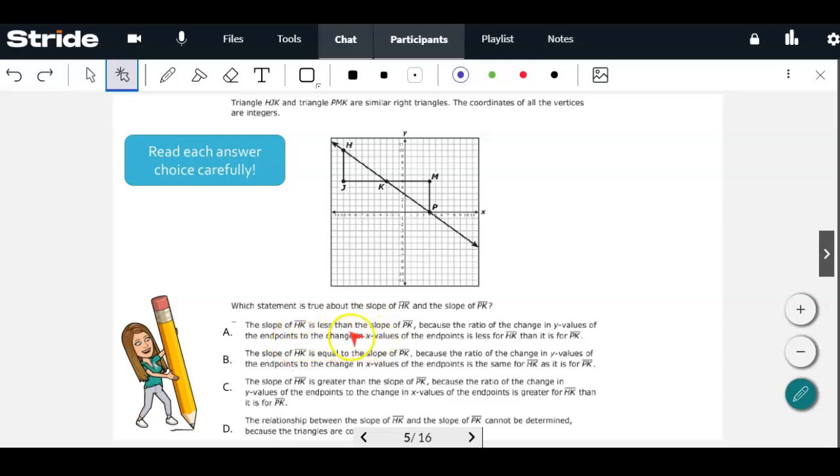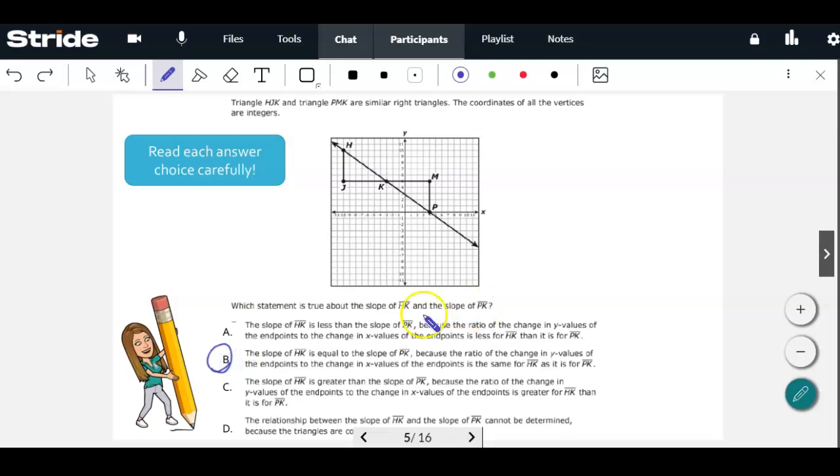No, that's not true. This one is equal to. That's true because the ratio of the change in y values of the endpoints to the change in x values of the endpoints is the same. So they put all those extra words in it, but the focus here is to say they are equal. That is on the same line. It's the same slope.